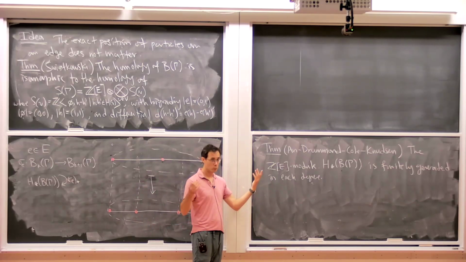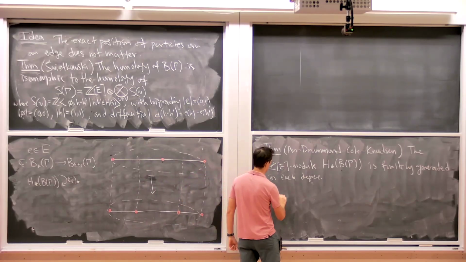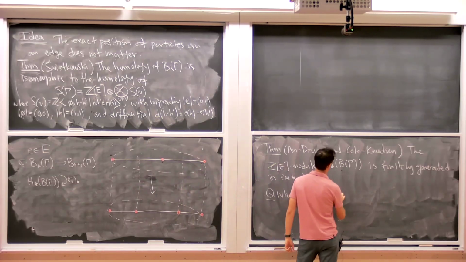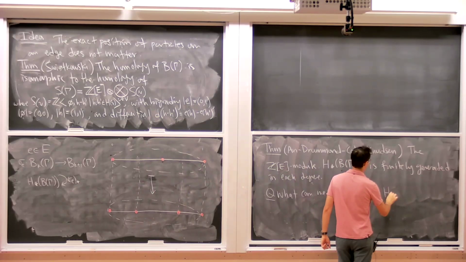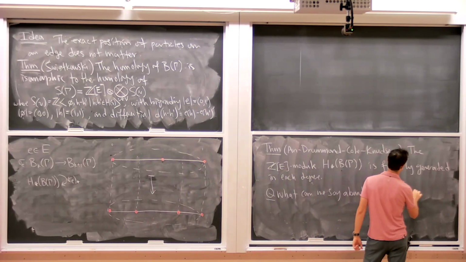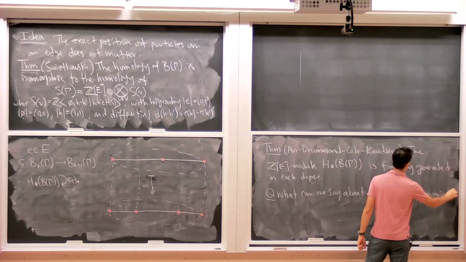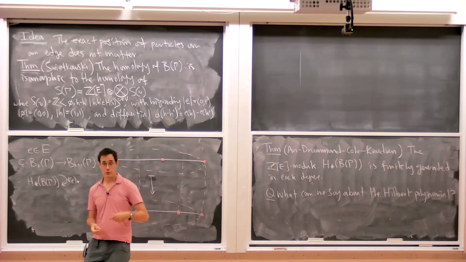And so the question is, what can we say about the Hilbert polynomial? Or in other words, what can we say about the Betti numbers for k large?